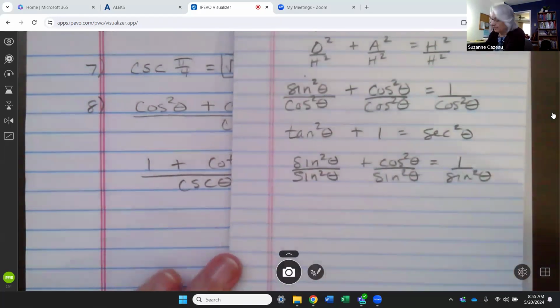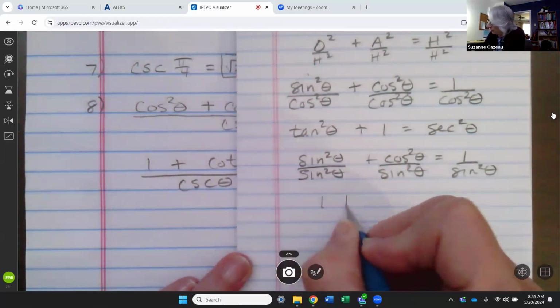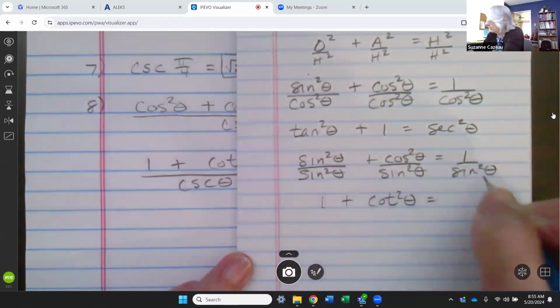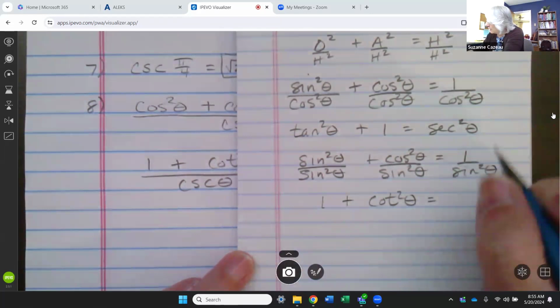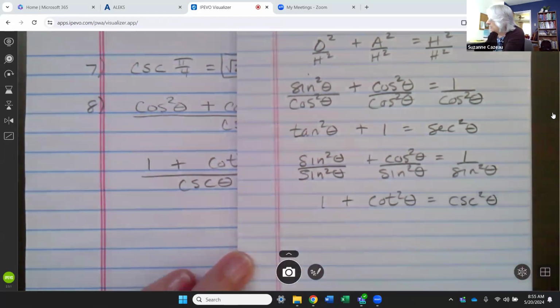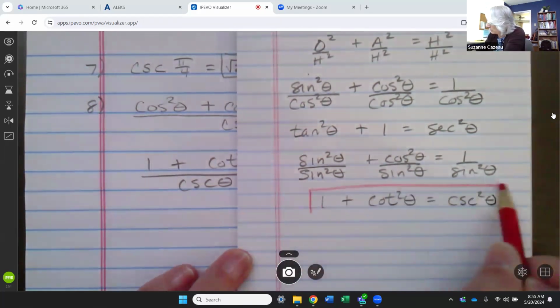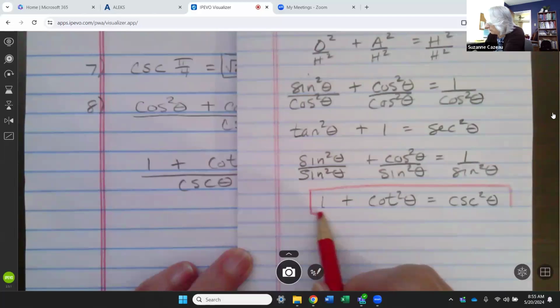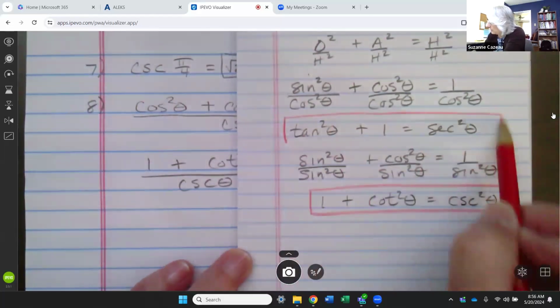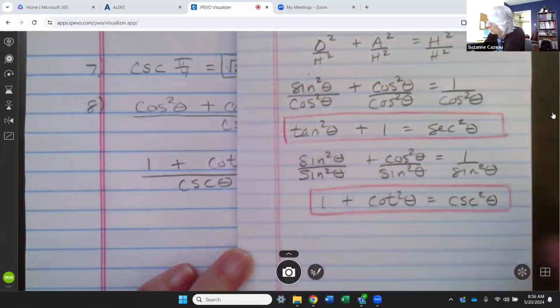Then I'm going to get 1 plus cotangent squared theta, and the reciprocal of sine is cosecant. Okay, cosecant squared theta. So those are the other two Pythagorean trig identities.